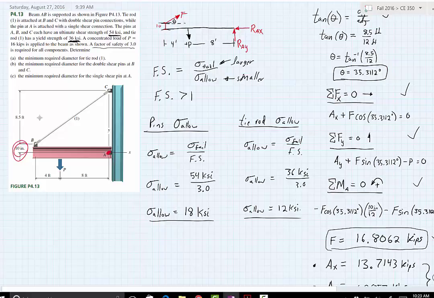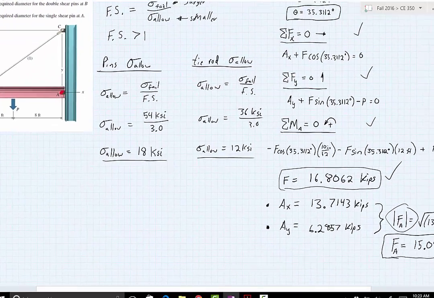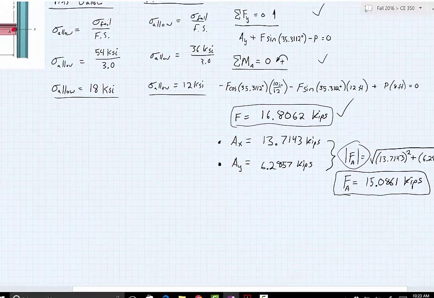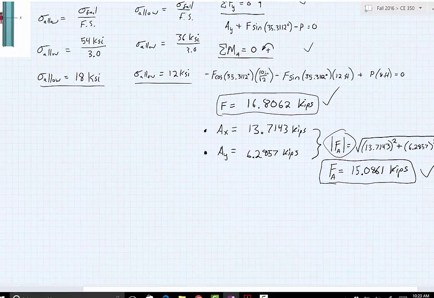Okay, so now we go back to what we learned in chapter 1. In chapter 1, stress equals force over area. So we're looking for the minimum diameter required to be able to support this beam under these loading conditions. So I'm going to scoot over to here. We have our force at A, our force in the tie rod, and then we have the allowable stresses for each.